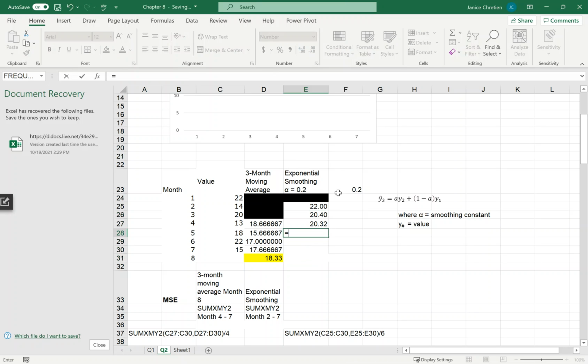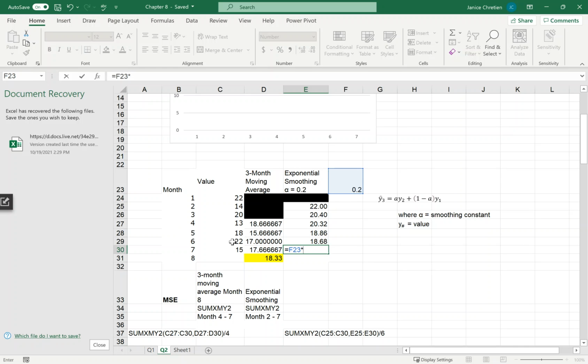So for month 5 equals my constant times the previous month's value plus 1 minus the constant times the previous month's exponential smoothing equals, constant times the previous month value plus 1 minus my constant times the previous month exponential, equals, you get the picture? You have to sit here and watch me do all of them. Well, there's just the one more left.